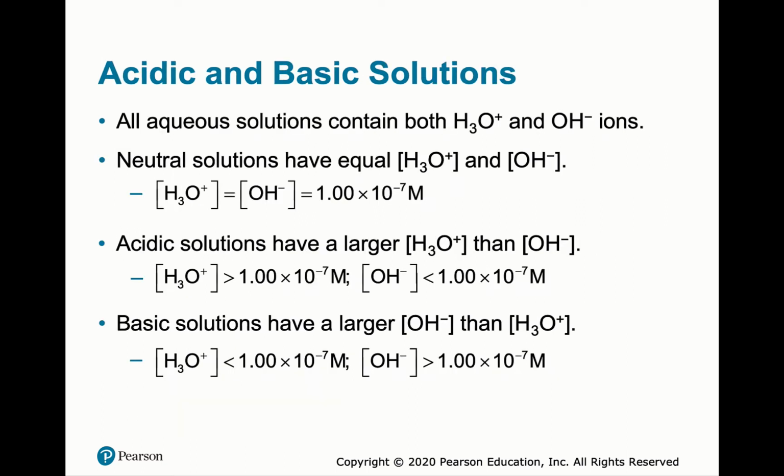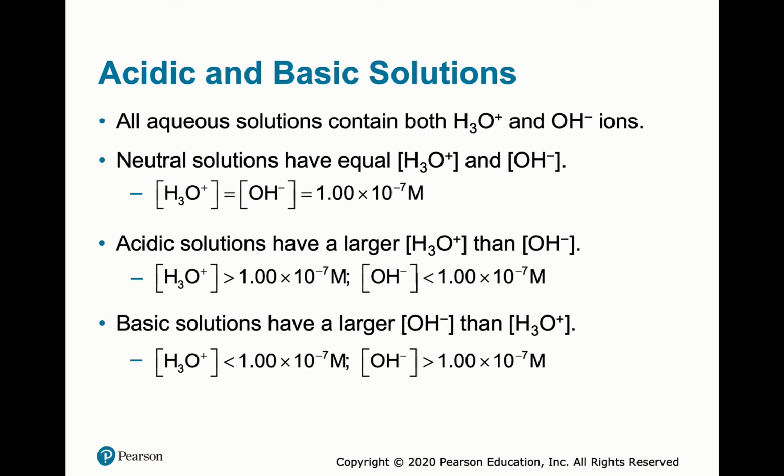And same thing with acid-base solutions. So we'll get to pH soon, but if the hydronium and hydroxide concentration is the same, it's a neutral solution. Acidic solutions have more hydronium than hydroxide, and basic or alkaline solutions have more hydroxide than hydronium.